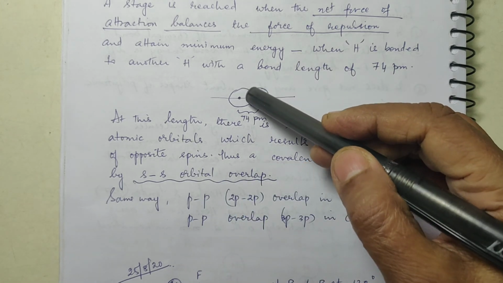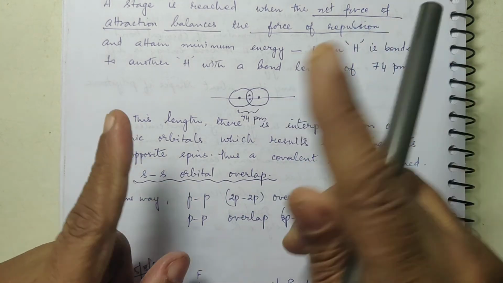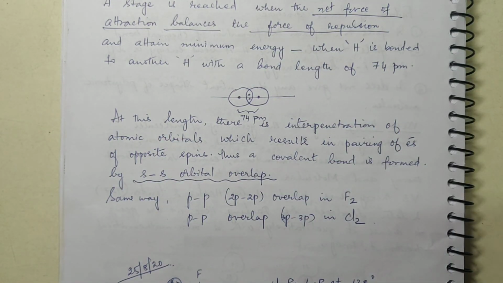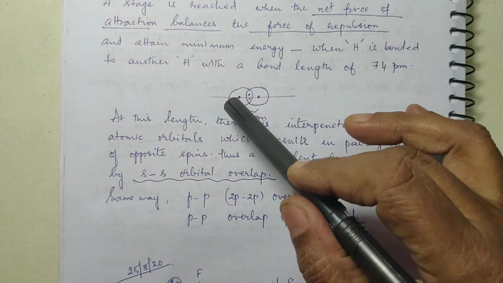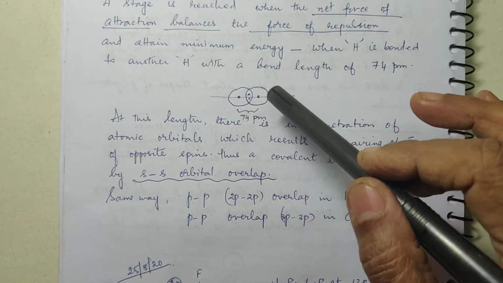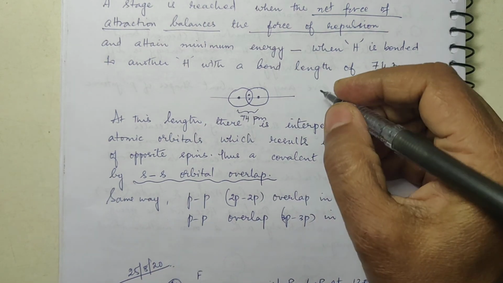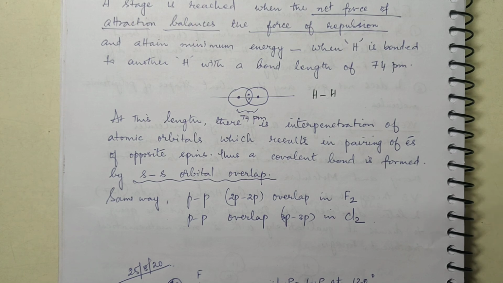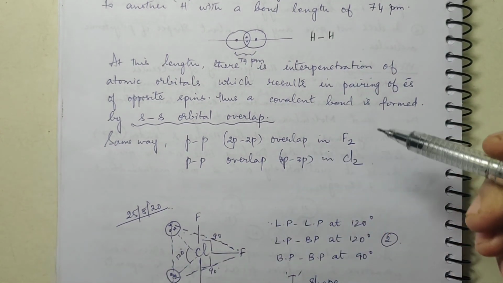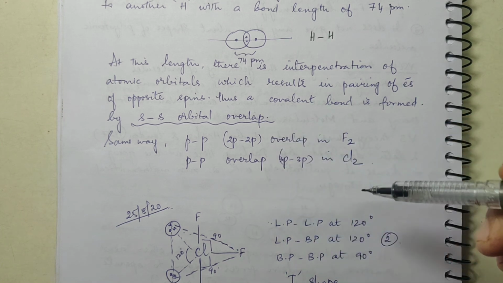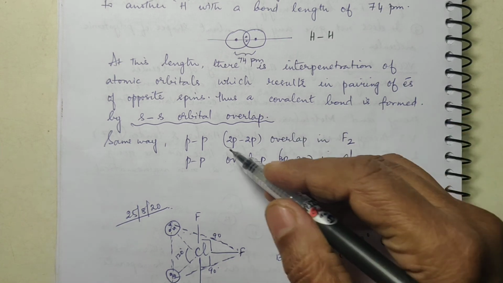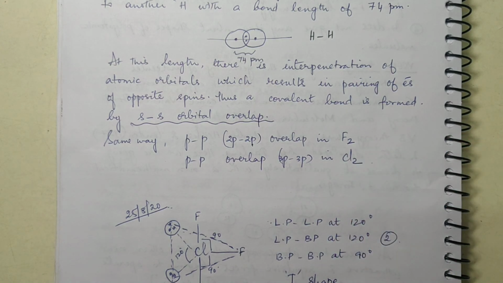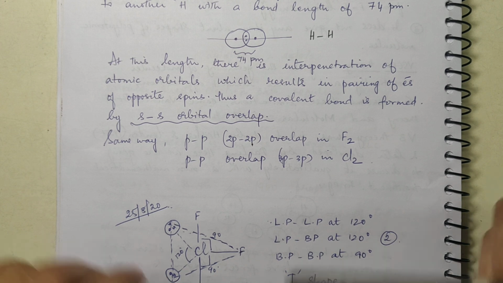That is, the orbital of this hydrogen and the orbital of this hydrogen overlap with each other, and thus a covalent bond is formed. Okay. Now here in the case of hydrogen, it is s-s overlap, and a hydrogen molecule is thus formed. Hydrogen, single bond hydrogen. This is formed. Same way you have p-p overlap in the case of fluorine. Same way p-p overlap in the case of chlorine. It is 2p with 2p in the case of fluorine, 3p with 3p in the case of chlorine. Right? Okay.